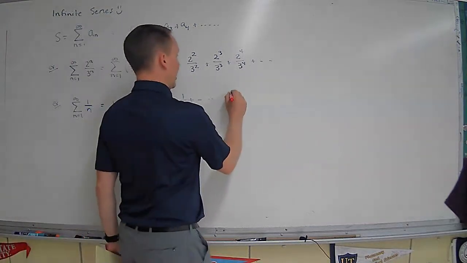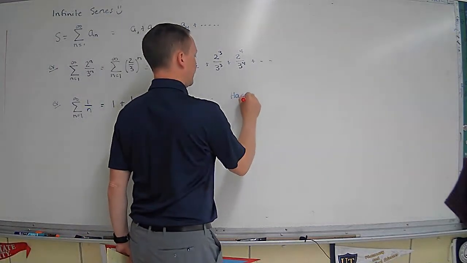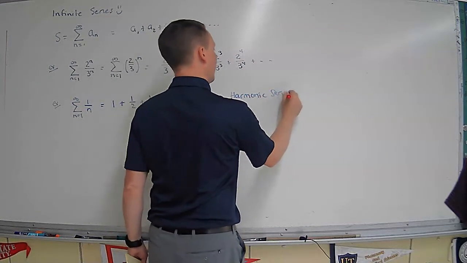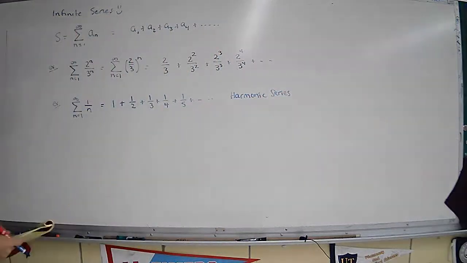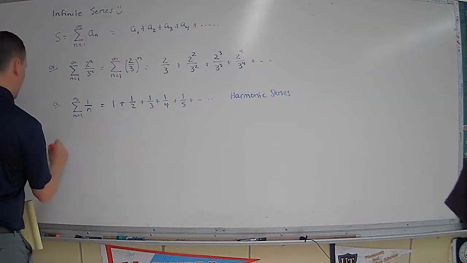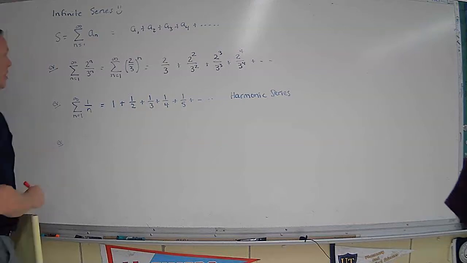By the way, this one actually has a name. It's called the harmonic series. For you musicians out there, at some point we might explain why it's called the harmonic series. You might actually be able to see it right now.